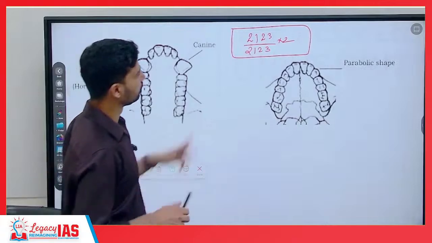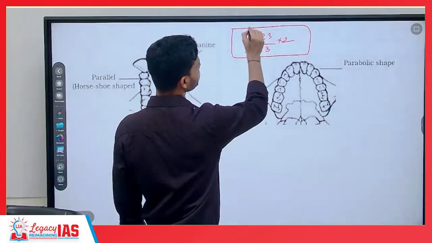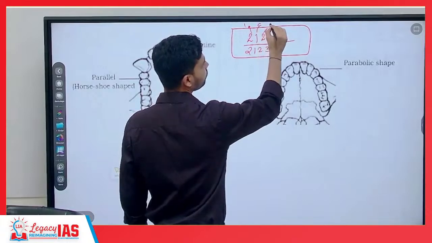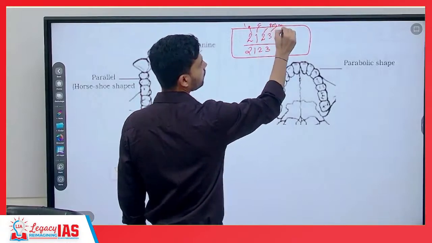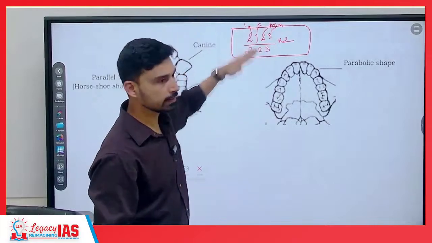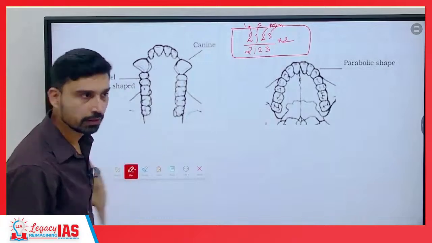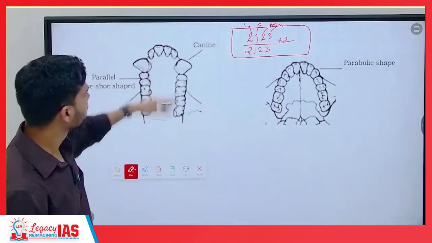Here, 2 represents the number of incisors. Then we have canines. This on one side, this on the other side, into both up and down. So total how many teeth? 32. So it is the same here.